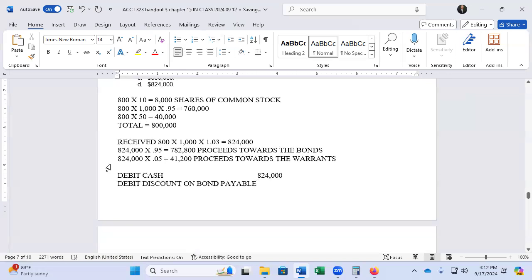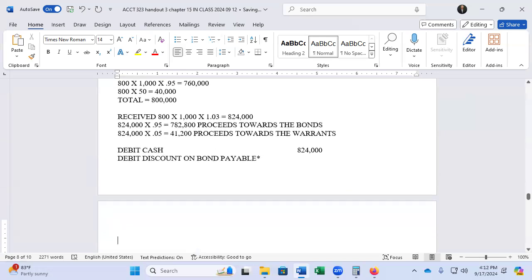We know the bonds' face value equals 800,000, and we assign 782,800 to the bonds.